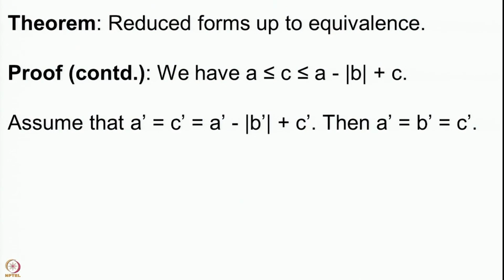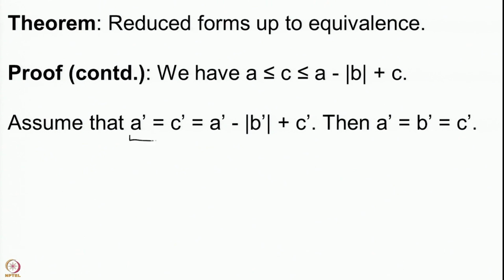So, we are done with the second case where we had assumed that A prime is equal to C prime, but we have a strict inequality at the next level. Now, we are going to start assuming that all these 3 are one and the same. So, this is the last case where we have that A prime is equal to C prime, which is also equal to A prime minus mod B prime plus C prime.